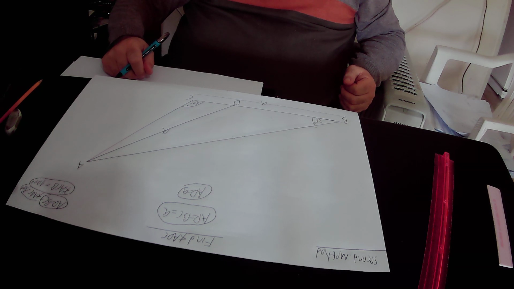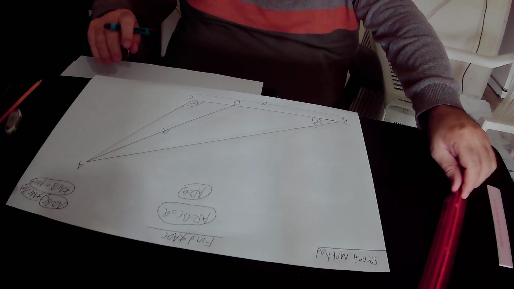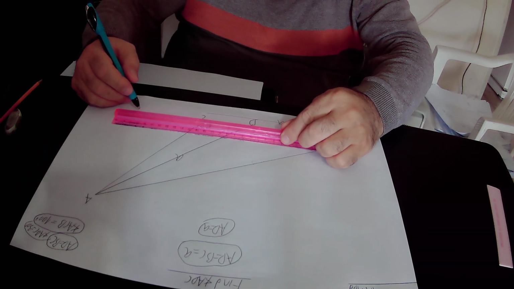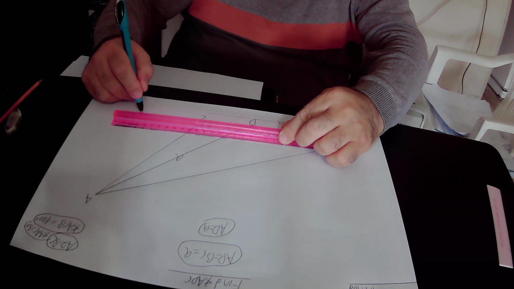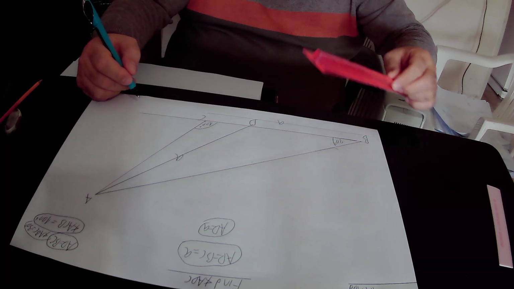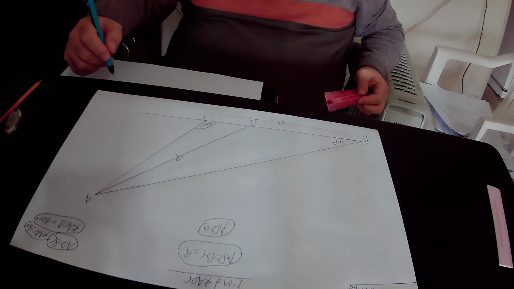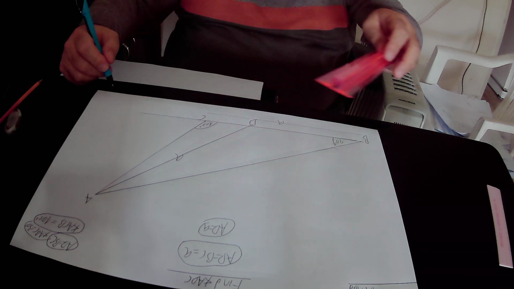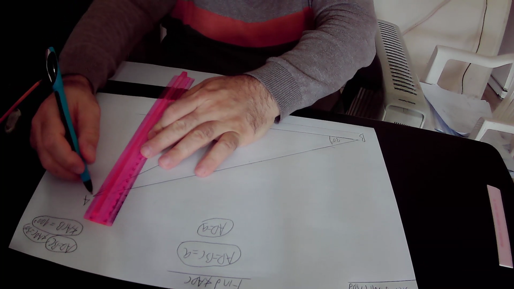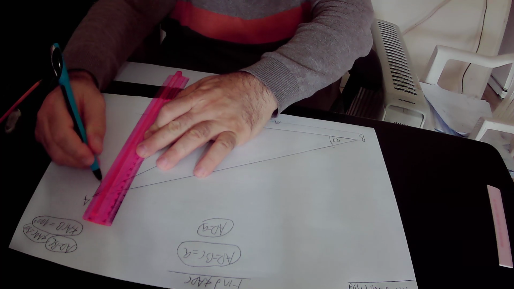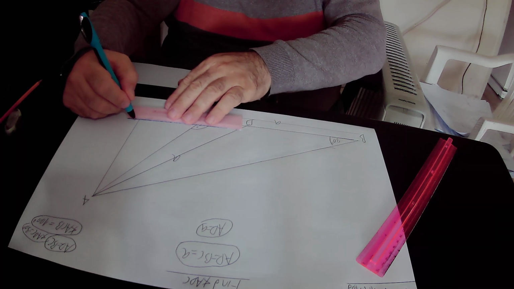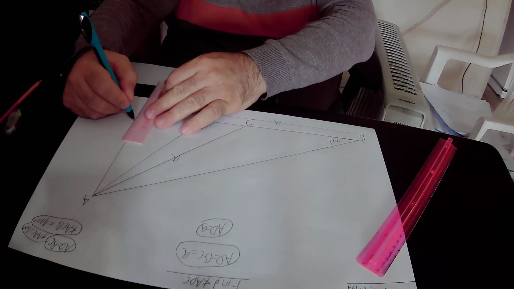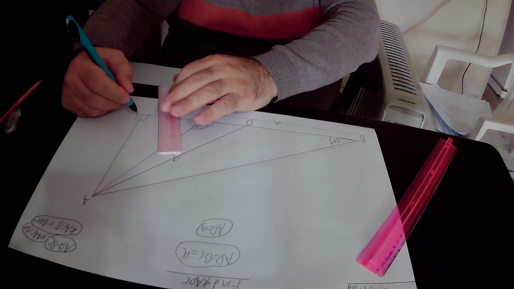In the next step, we will extend side BC by a straight line. And then from point A, we will draw a perpendicular to the extended BC. So this angle equals 90 degrees, and this angle also equals 90 degrees.